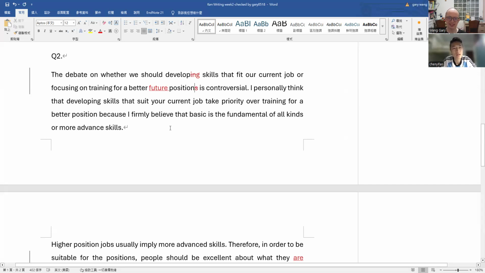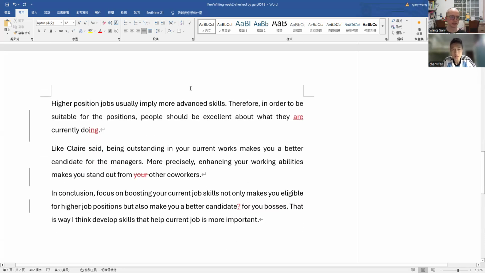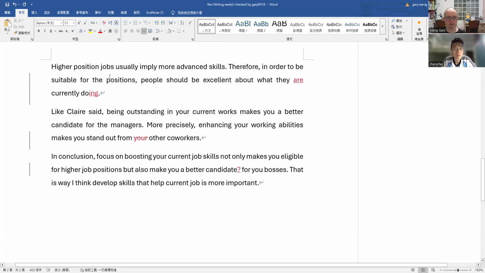Okay, two tiny things here. Number one, "should develop." And "a better future position." Next paragraph: higher-position jobs usually imply more advanced skills. Therefore, in order to be suitable for those positions, people should be excellent at what they are currently doing.